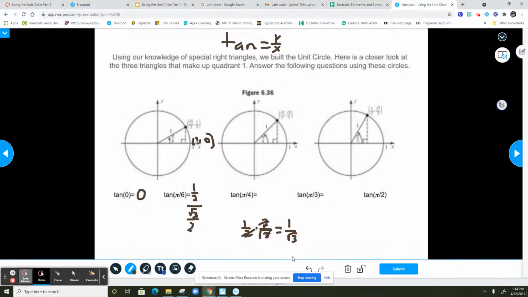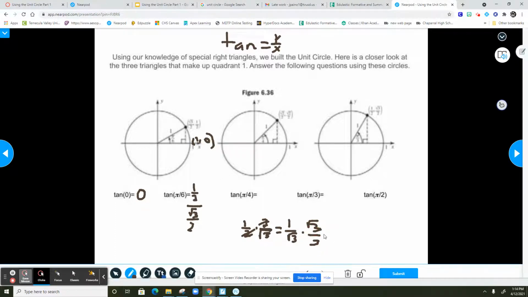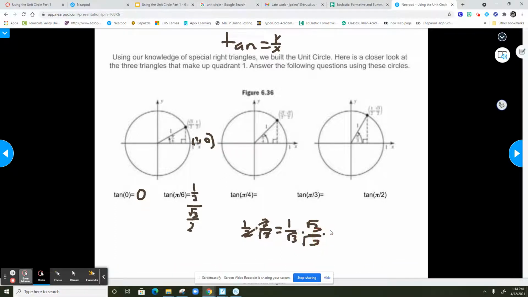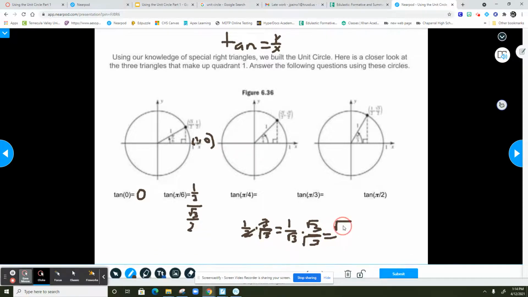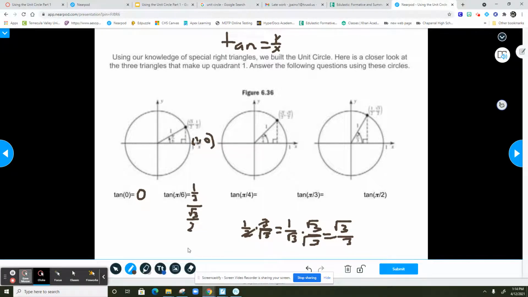And again, just another reminder, we can't have a radical on the bottom, so I have to multiply the top and bottom by rad 3. That gives me, on top, rad 3, on bottom, just 3. So the tangent of pi 6 is rad 3 over 3.